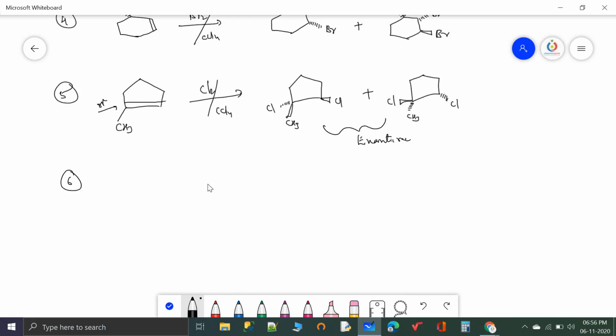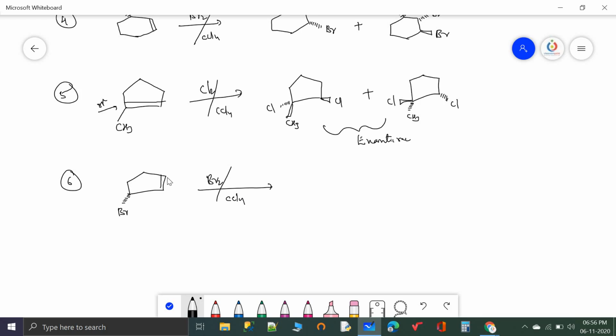Let us see some other examples also, because there must be a question based on this particular example. Please note this down as an important one. Trans addition, cis addition: in any objective examination, NEET or JEE, at least one question appears from this particular part.